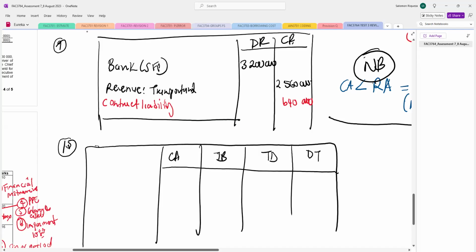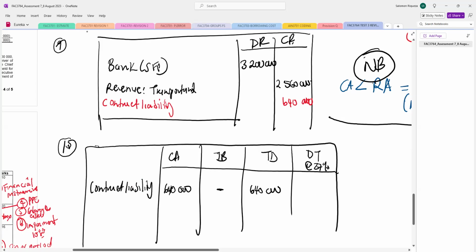So the only item we have here is contract liability. And then the value is 640. Tax will not have any value. Okay, tax does not agree with this. This is an accounting principle. 640. My tax is at 27%.